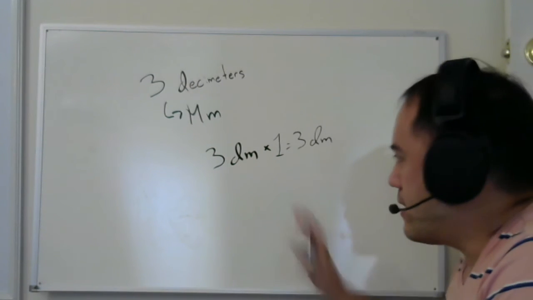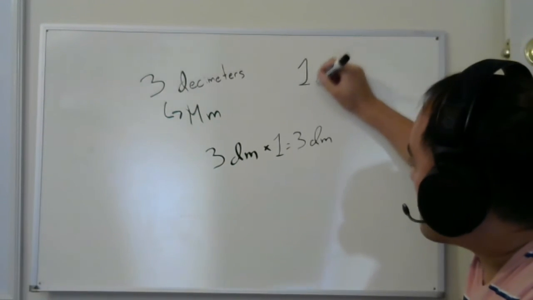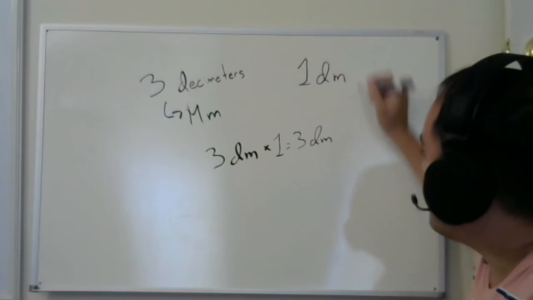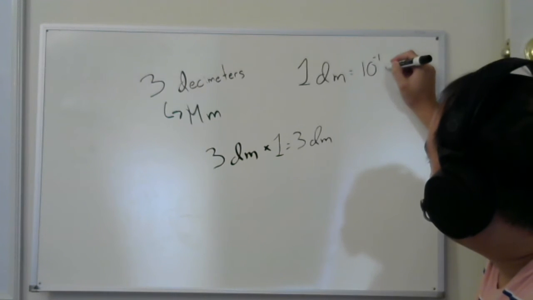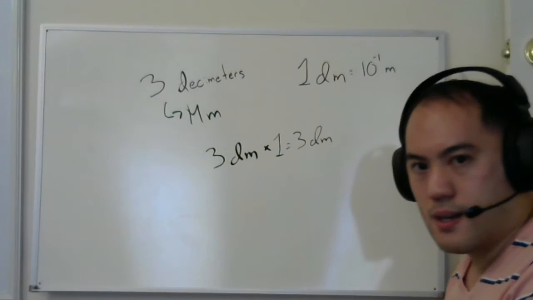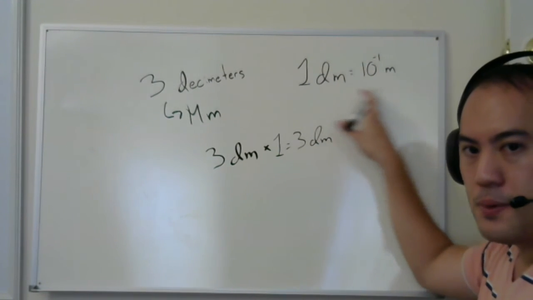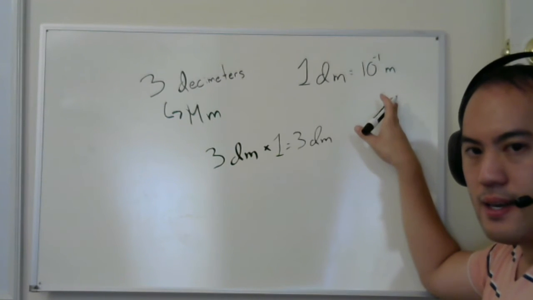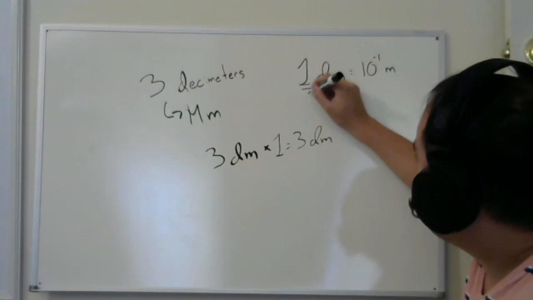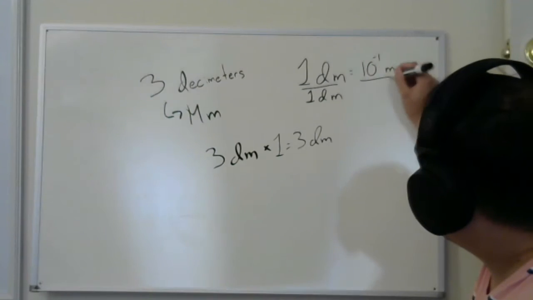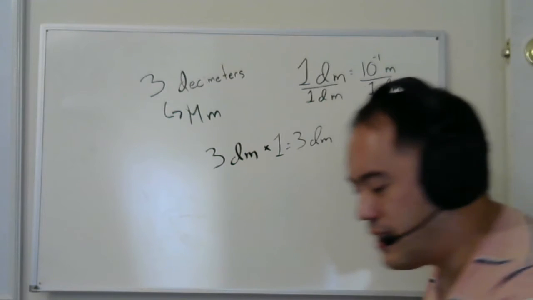Here's another thing. Let's say I have an equation. I know 1 decimeter, based on my prefixes from before, is 10 to the negative 1 meters. Okay. I'm going to divide both sides of this equation by 1 decimeter. All right, another easy question.